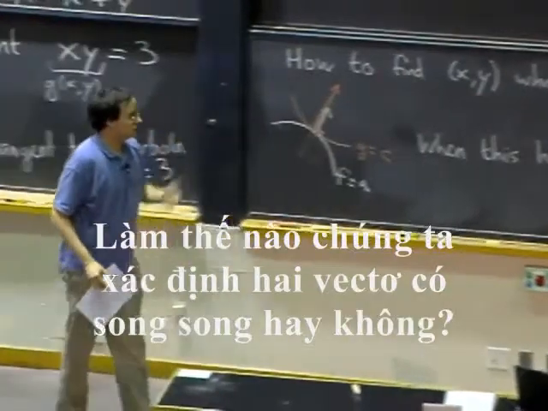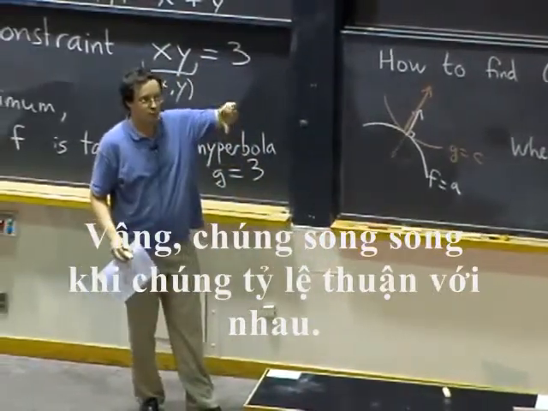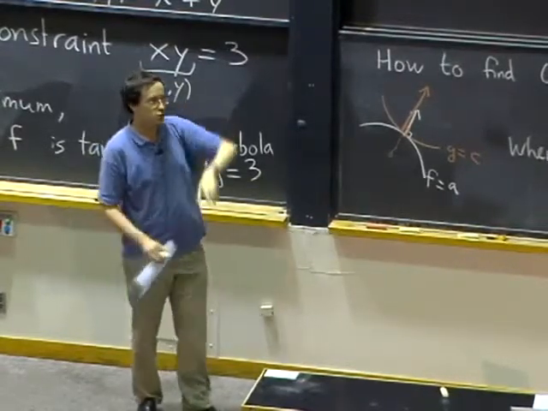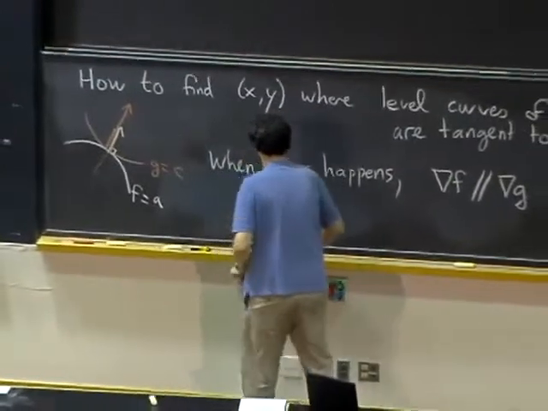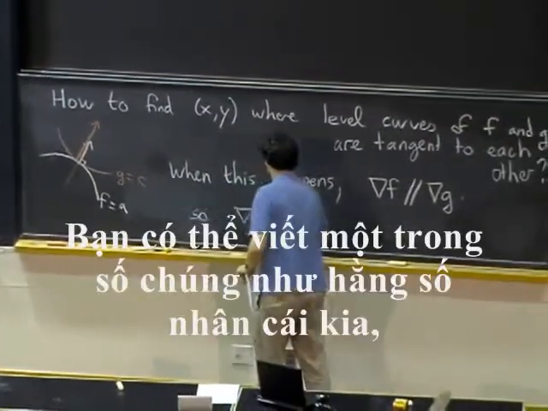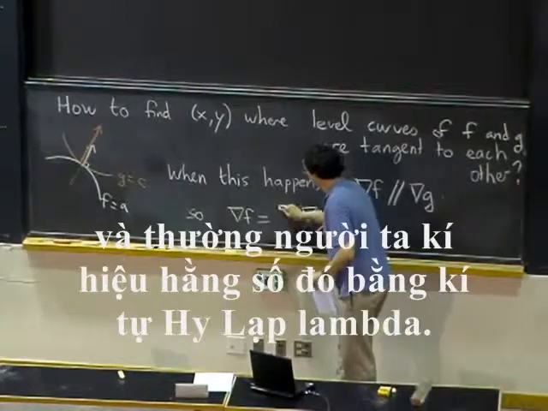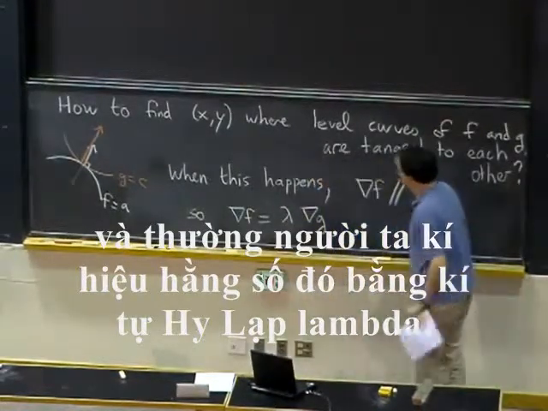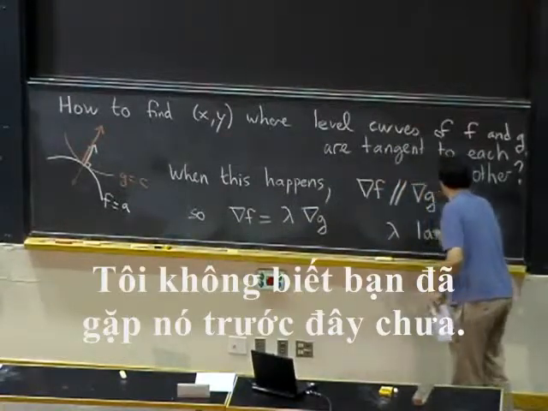Okay, so how do we decide if two vectors are parallel? Well, they're parallel when they're proportional to each other. So you can write one of them as a constant times the other one. And that constant, usually one uses the Greek letter lambda. I don't know if you've seen it before.